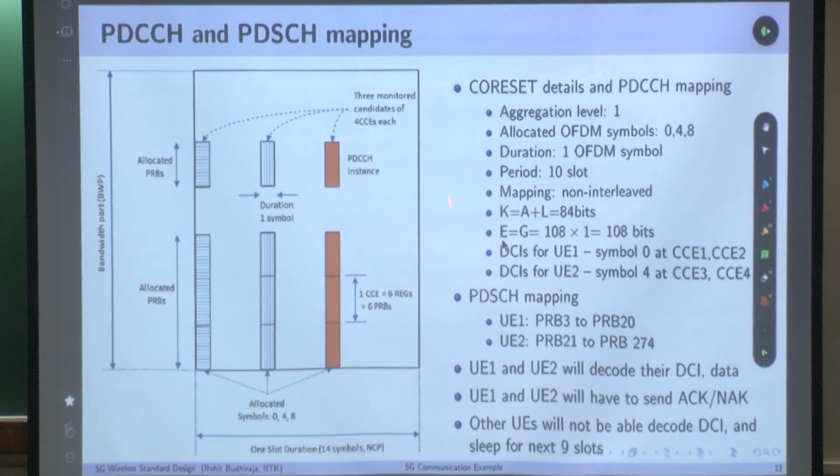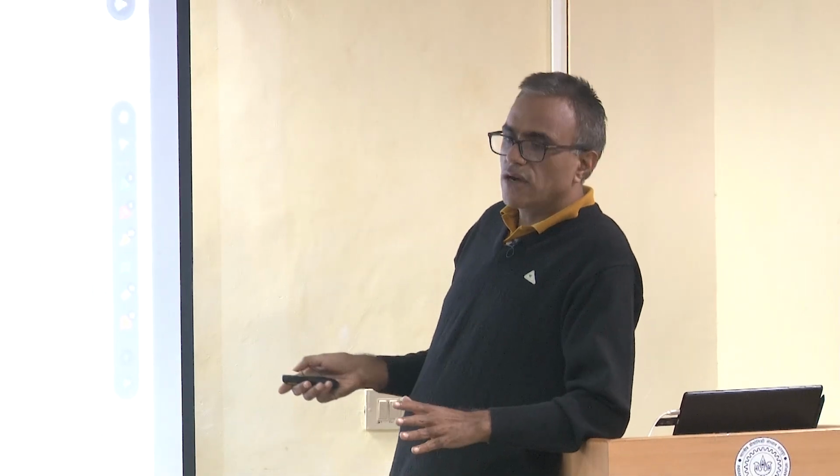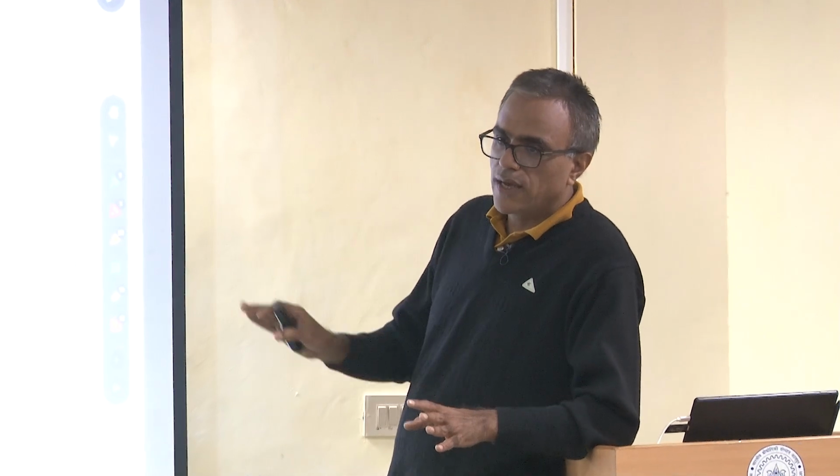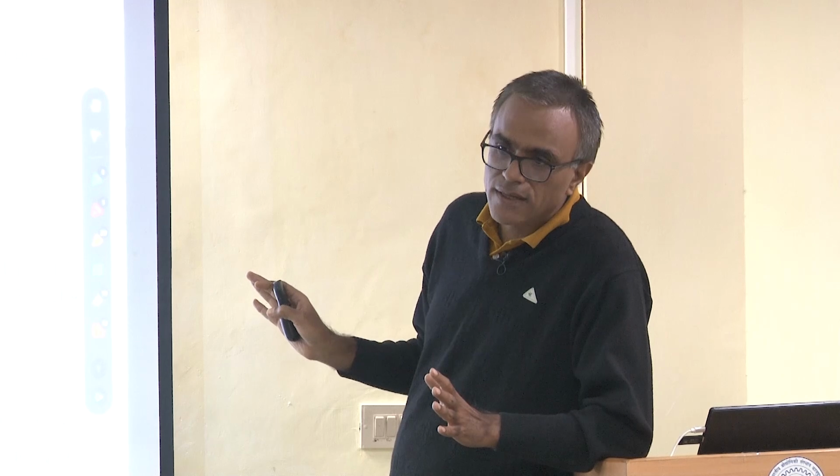Look at this, we have not scheduled other users at all. So other users are going to sleep in the network, they'll save their energy, right? Because in this slot, only 2 users are scheduled. The base station is not sending DCIs for another 9 slots after that.